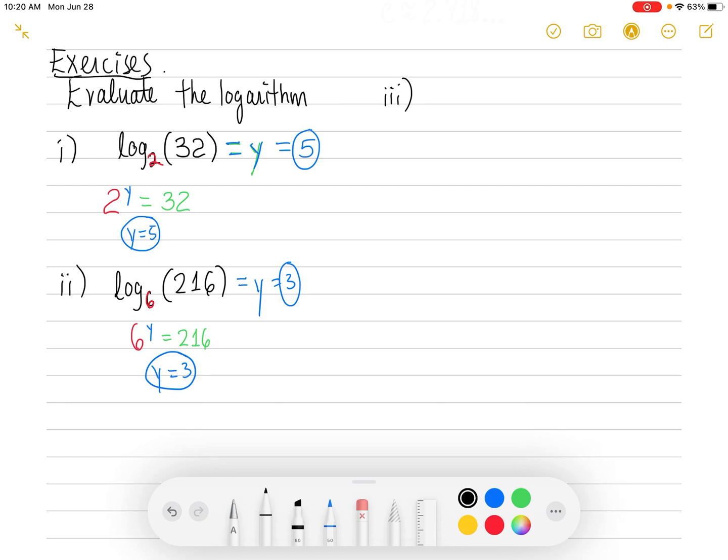Okay, let's do number 3 up here. So I have log base 64 of 8. I want to find what that is.